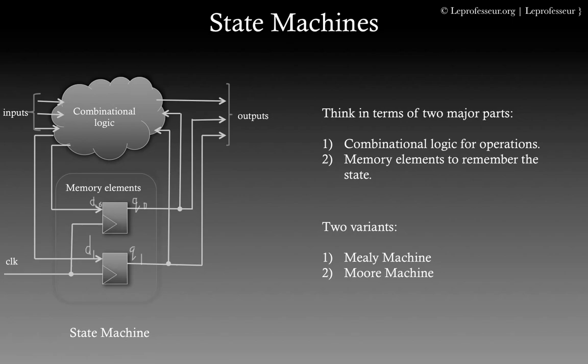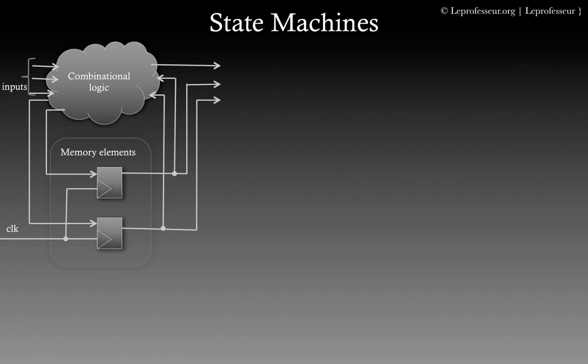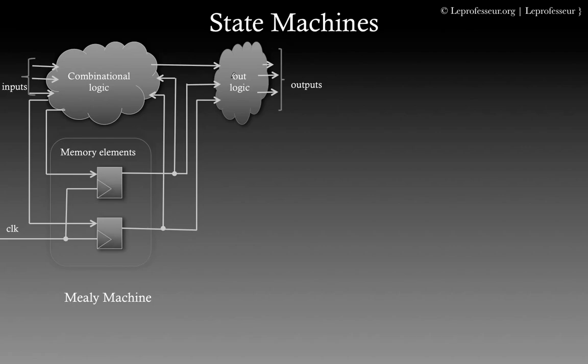Let's try to understand the difference between these two kinds of state machine models. As you can see, we have this general state machine. Let's first understand the Mealy machine. In the Mealy machine, the output logic, which generates the output in any state, takes the actual input vectors and the state your circuit is in.